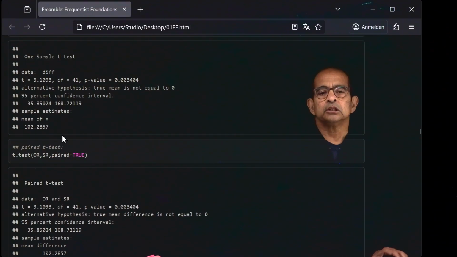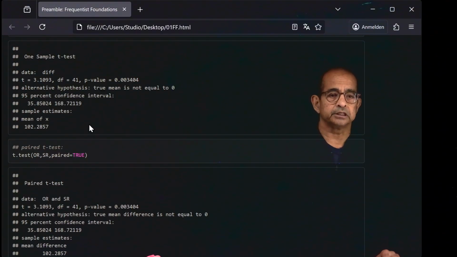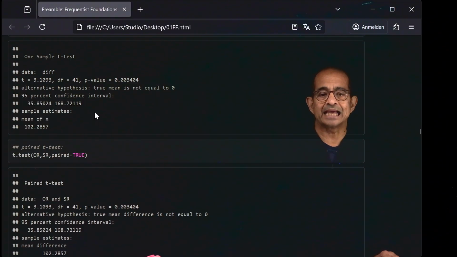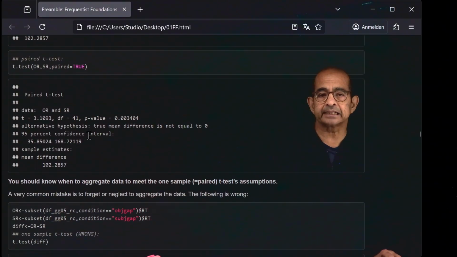Okay, so this summary gives you all the information that you need to report your results in a paper, for example, right? So that's how the one sample or the paired t-test would work. You could have done the same data analysis as a paired t-test. It would be exactly the same thing.